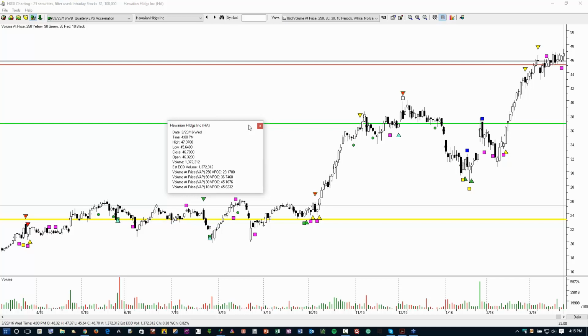But here we have 4 different VPOCs on the same chart. We do not, of course, have the information over here on the right because that would be too confusing. But you can see during 4 different time frames how much different the volume point of control is.